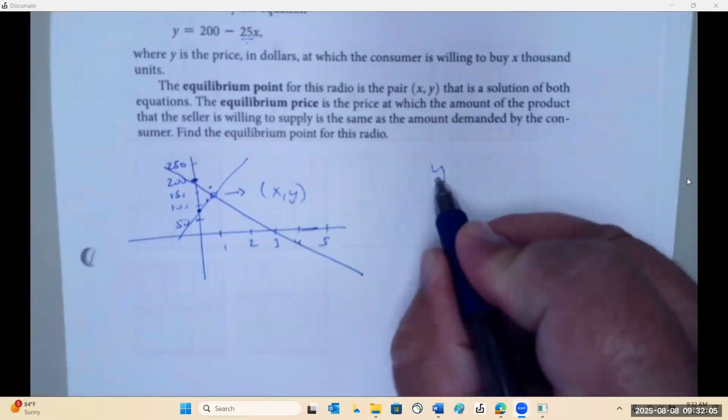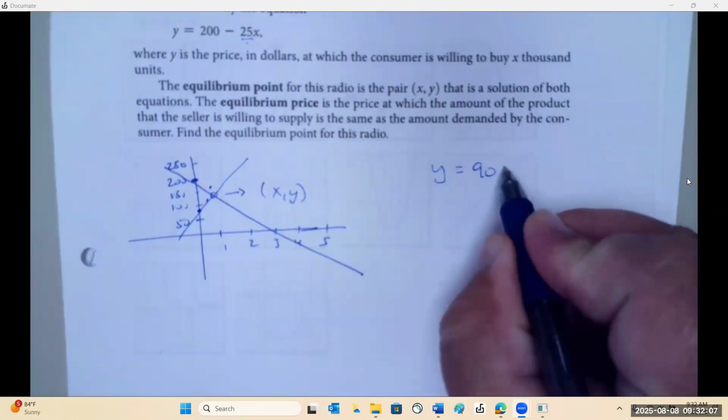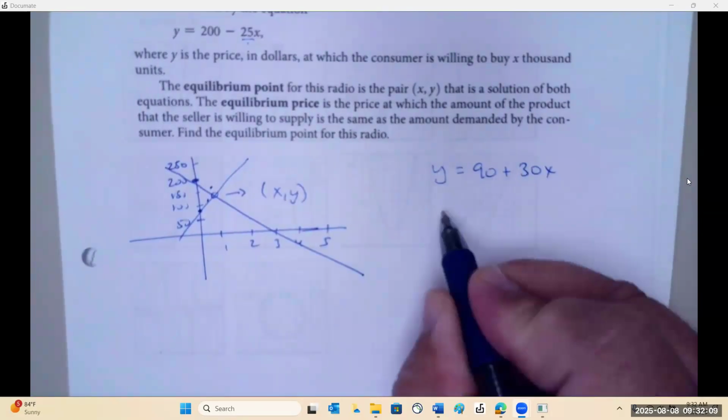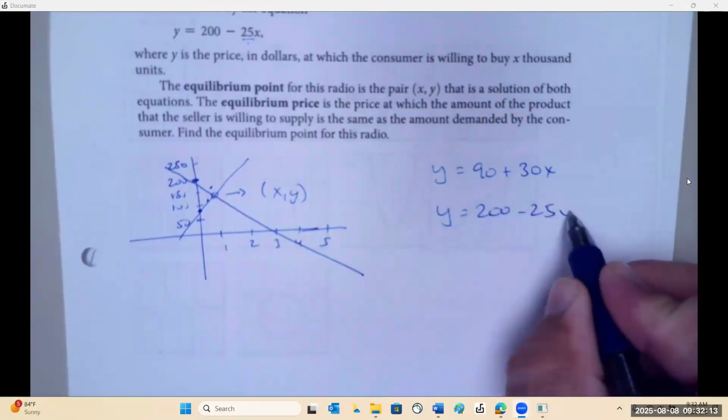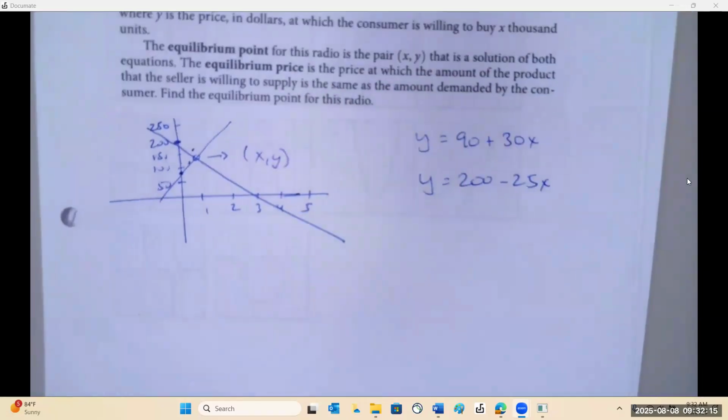So we have y equals 90 plus 30x, y equals 200 minus 25x. Even though we said that there is substitution and elimination, is there a third method we can use to solve these? Not yet.